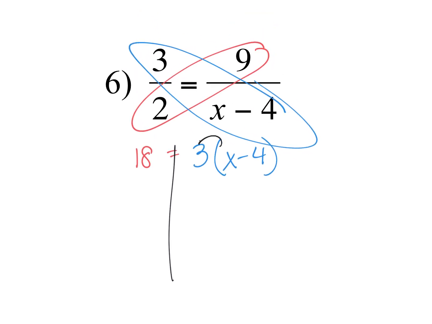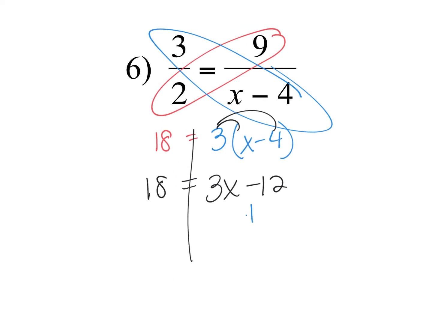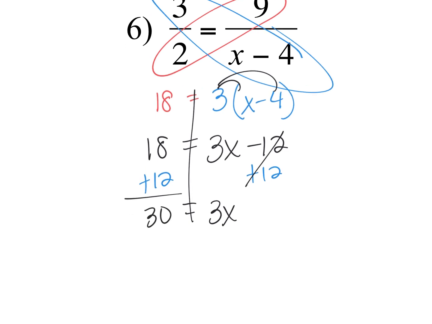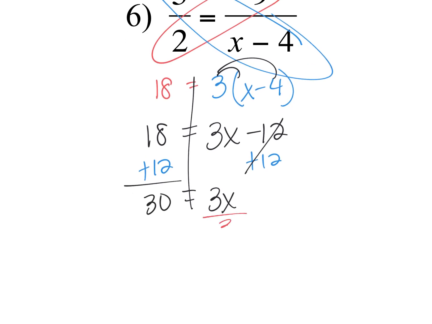All right, let's start solving by distributing the 3. So 3x minus 12 equals 18. Add 12, add 12. 3x equals 30. Divide by 3, divide by 3. X is 10.